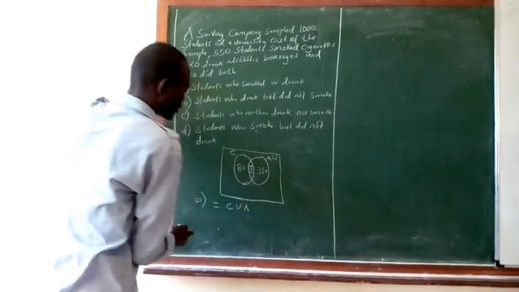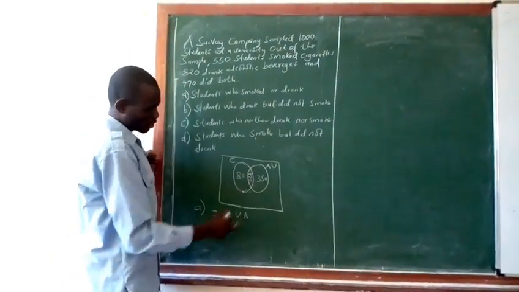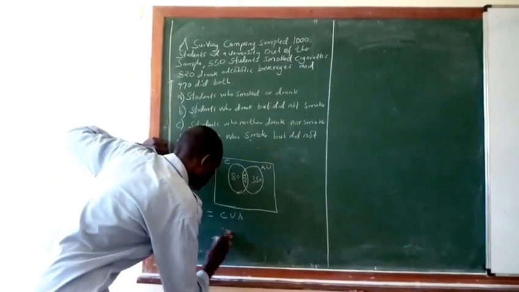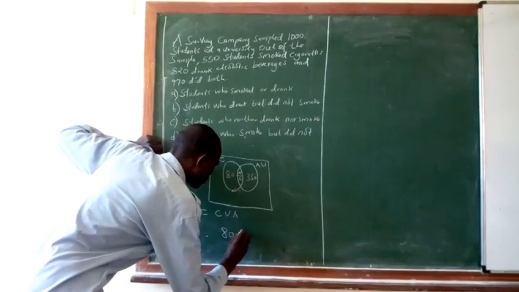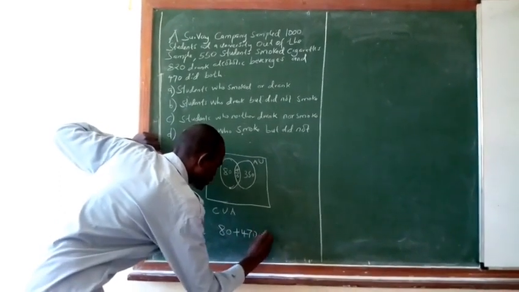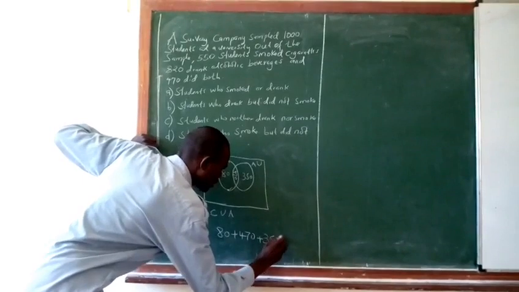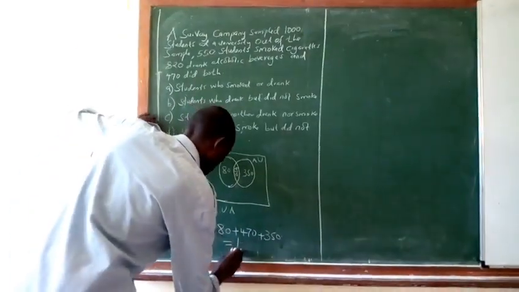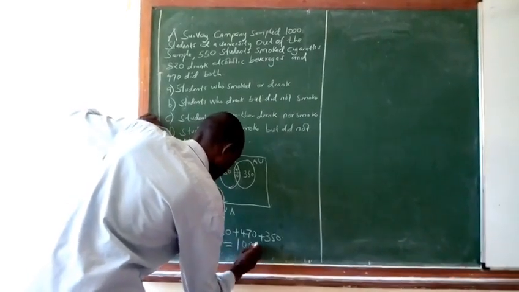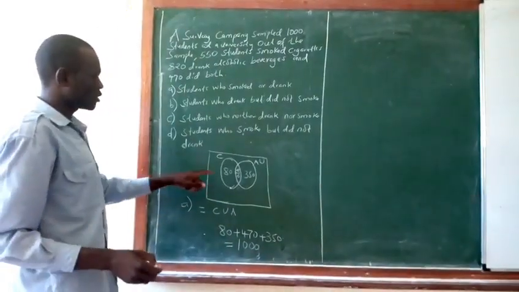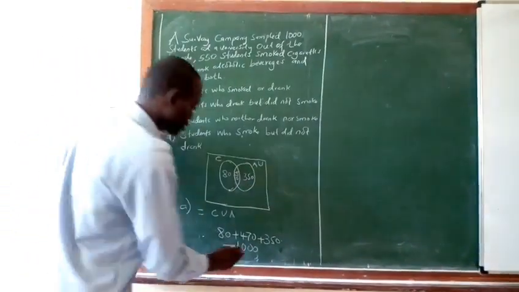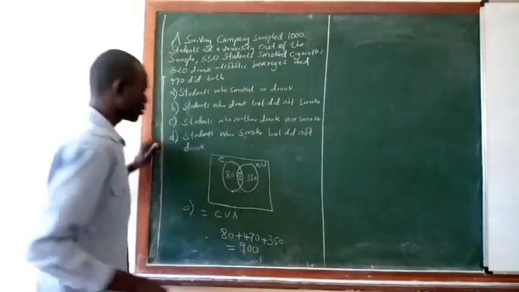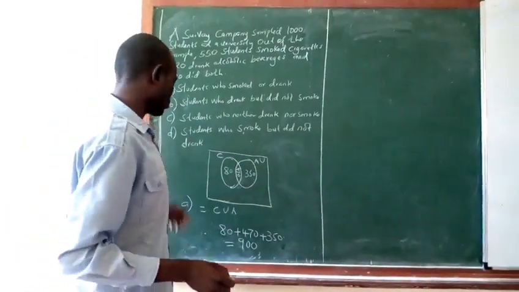So we have this C union A. So in this case, we have 80 plus 470 plus 350, which will be 900. All the students who smoked or drank alcoholic drinks.